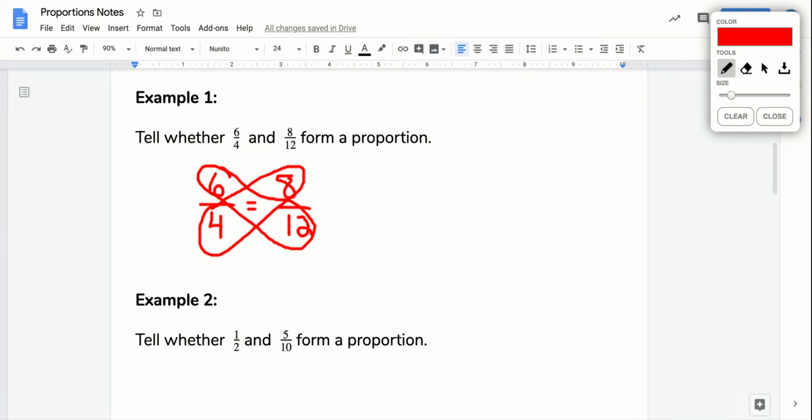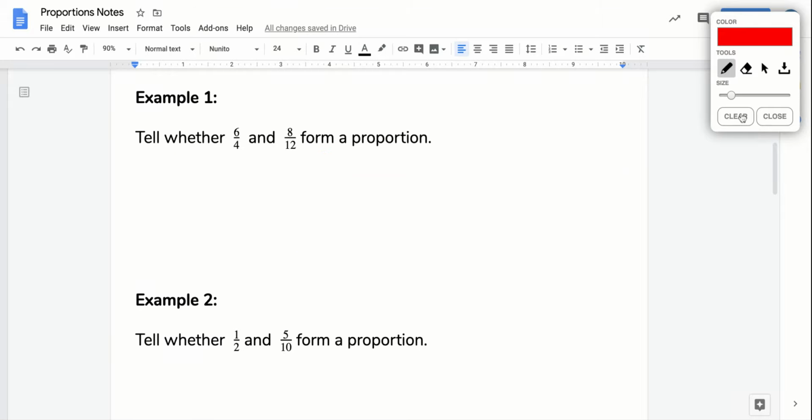And I'm going to do my math. 6 times 12 is 72. And 4 times 8 is 32. So my two numbers when I do cross products are 72 and 32. They do not equal each other, so no, it does not form a proportion.